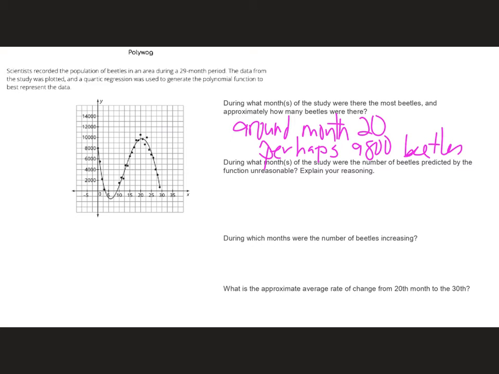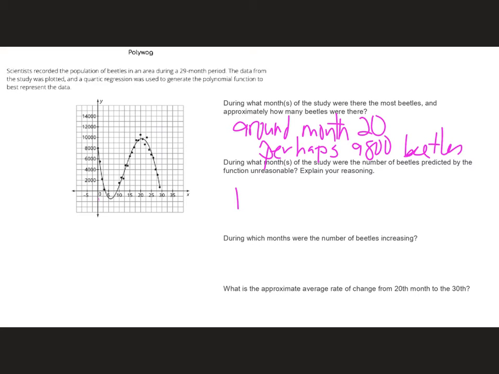During what months of the study were the number of beetles predicted by the function unreasonable? Right there. So between, so maybe 3 and that's 7.5, so call it 9.